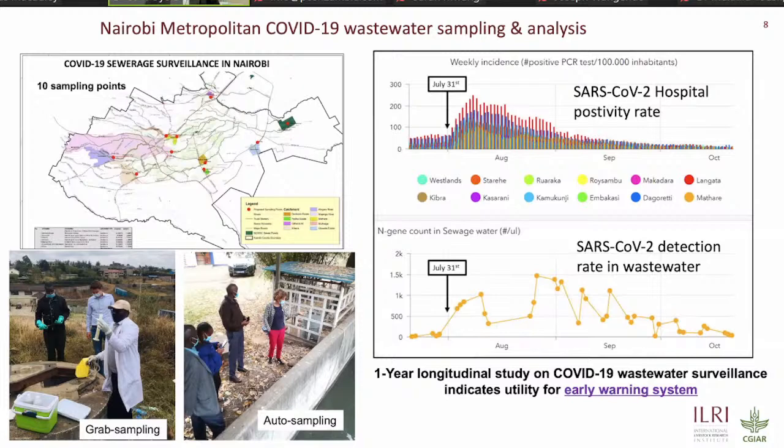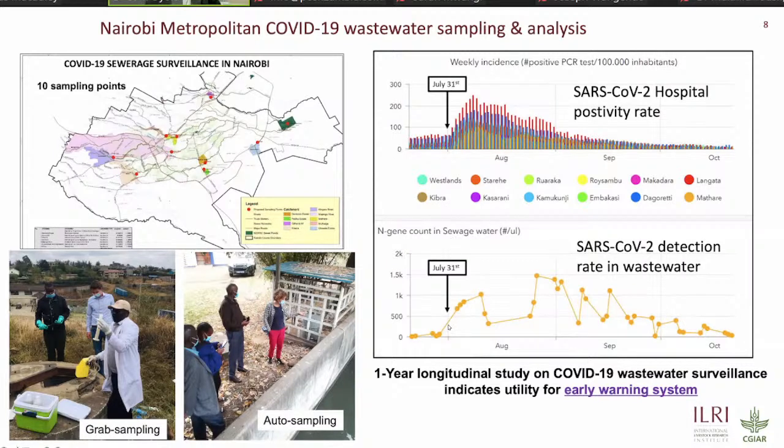But what is critical in this data here is that if you look, for example, when we started to see an increase in the detection rate for SARS-CoV-2, this is on July 31st. If you look at the corresponding time from the hospital plots here, on the 31st, there was still no significant signal coming out from the population's data.